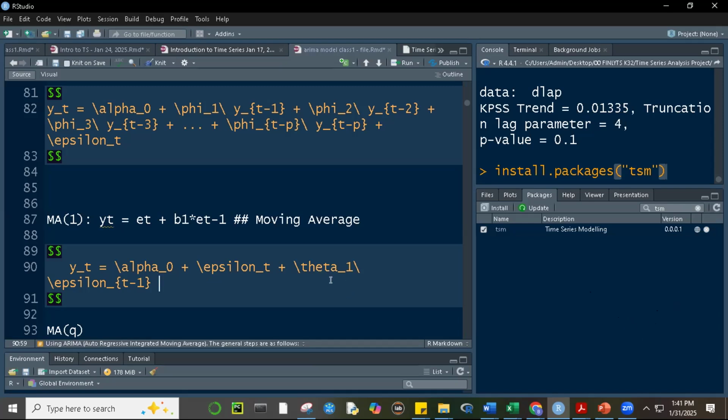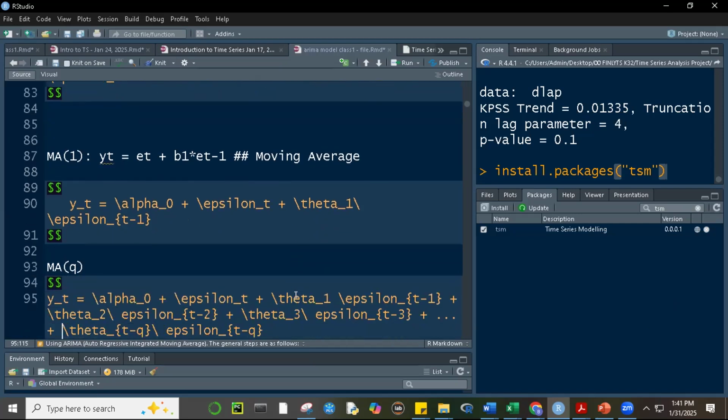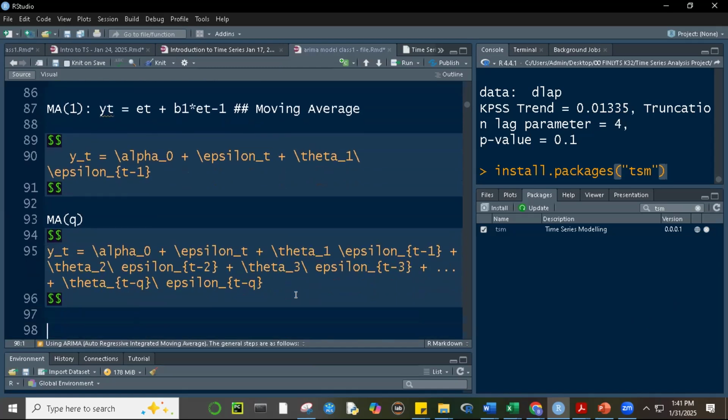And this is your theta 1, and then epsilon t minus 1. So you can see the difference from your AR process. The AR process uses the lagged values, the values of itself, while your MA uses your past residuals, error terms.